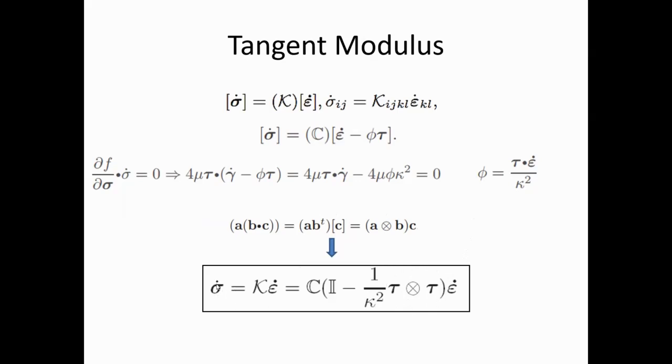And therefore, now I can write sigma dot is equal to C times epsilon dot, which is nothing but I minus this quantity, 1 by k squared times tau dyadic tau, times epsilon dot. If you look at it carefully, this entire quantity is nothing but C, and that C is the tangent modulus. So once I know it is plastic flow, I can directly use this relation.